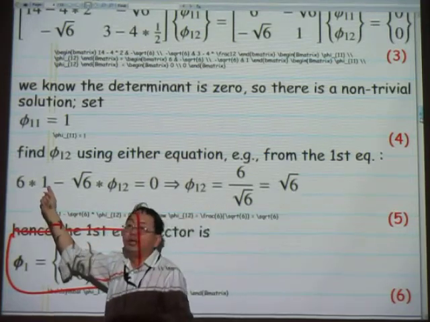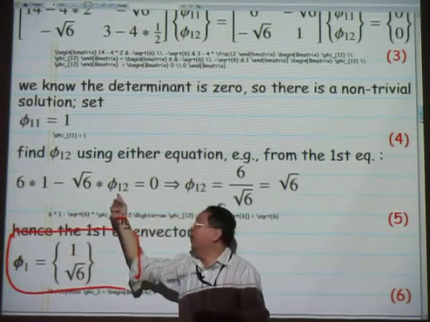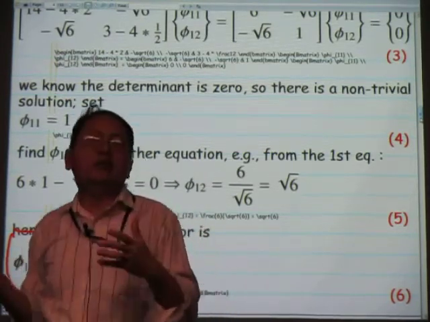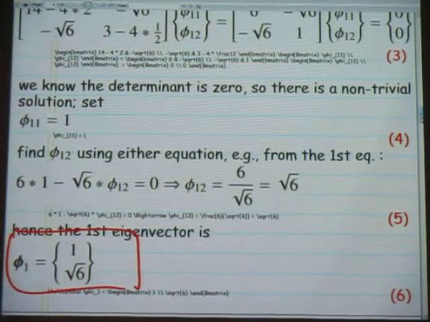If you had the number 2 here and you solve for phi12, then what happens to the result? This is what I just said. Brennan? The other coefficient will be double.